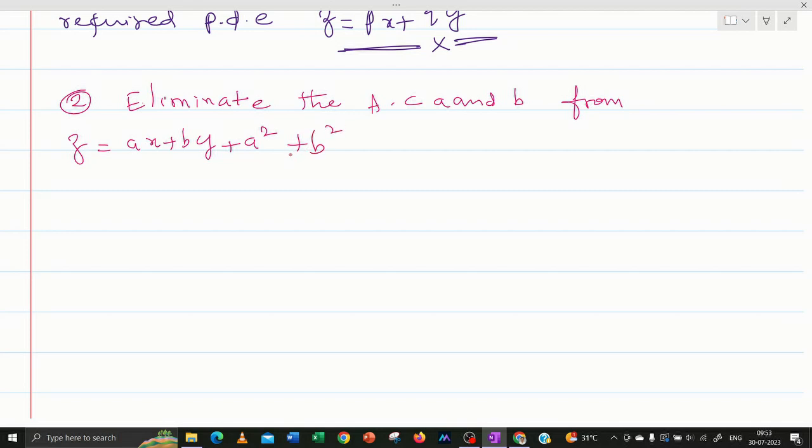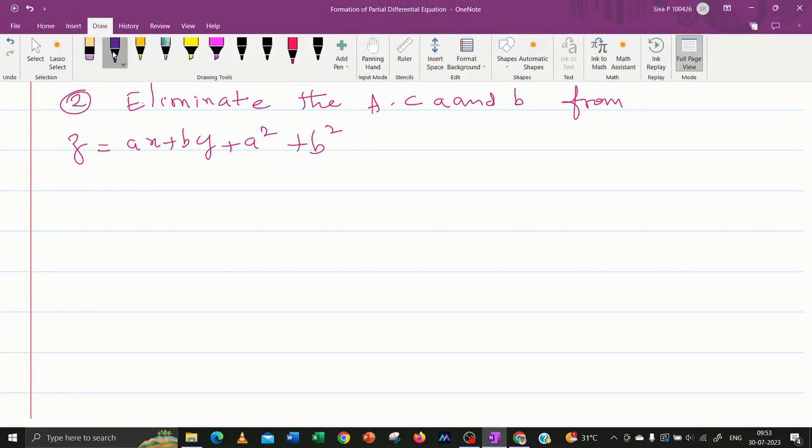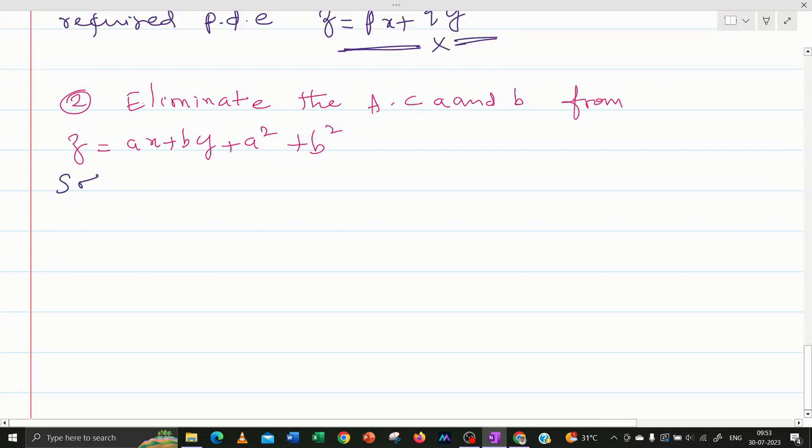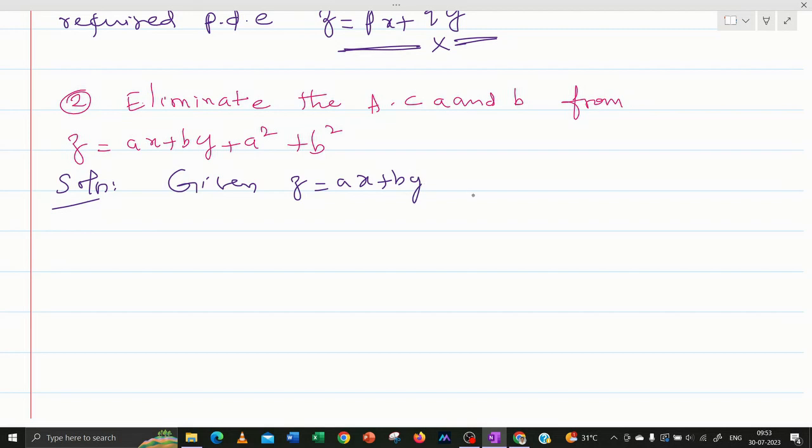It is the same as the previous problem. Write the solution. What is given here? Given is z equal to ax plus by plus a square plus b square. We take this as equation number 1.